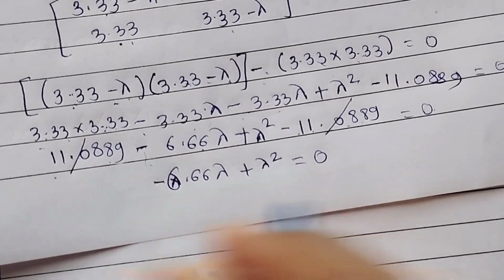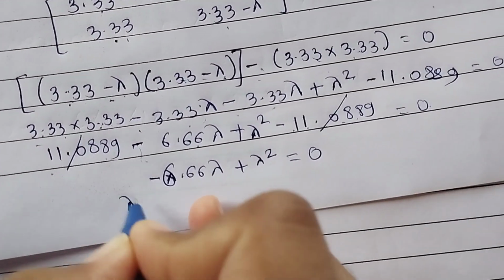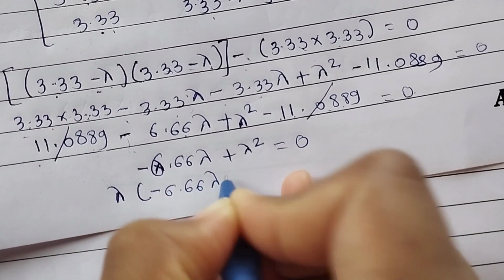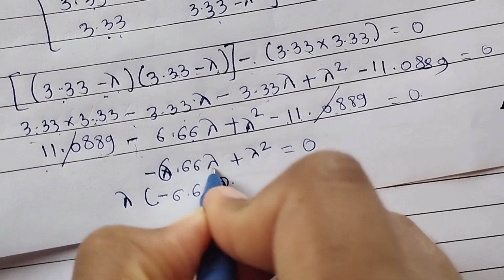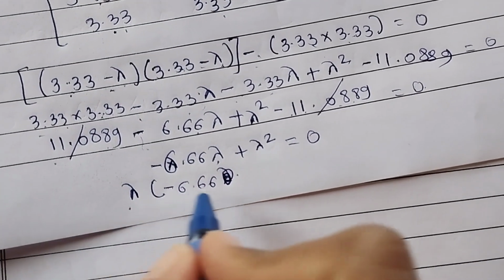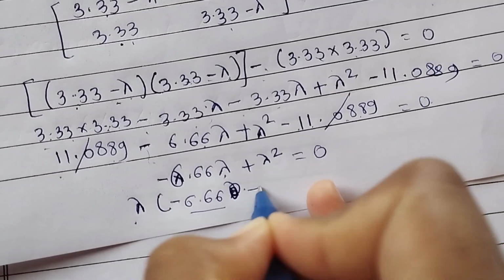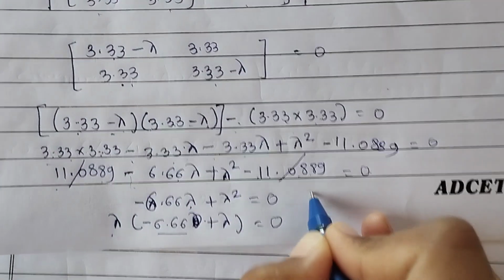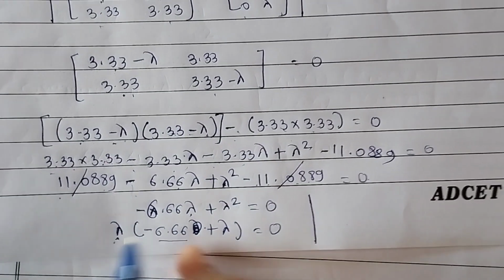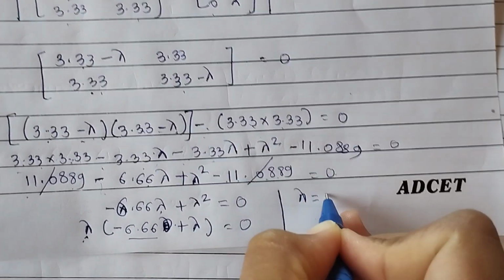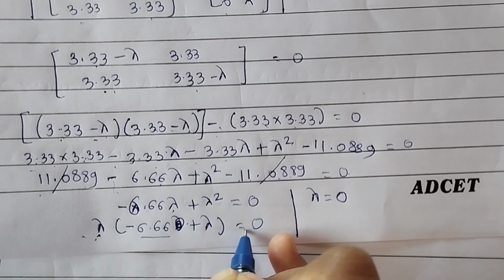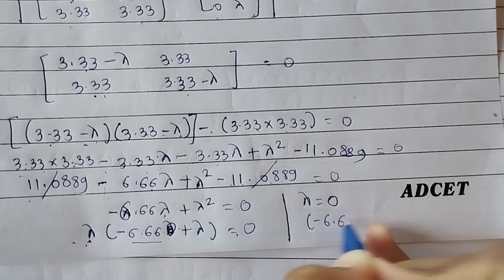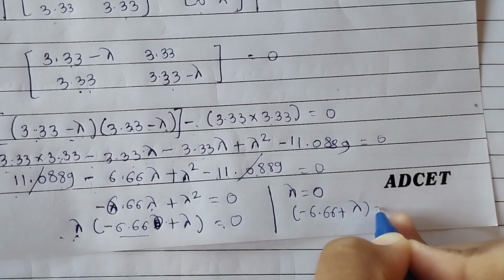Now from this, take lambda common, so lambda into (minus 6.66 plus lambda). Here there is no lambda in the first term because we took lambda common, so only this number plus lambda is equal to 0. Now we separate the terms: lambda is equal to 0, and the second term, minus 6.66 plus lambda, is equal to 0.